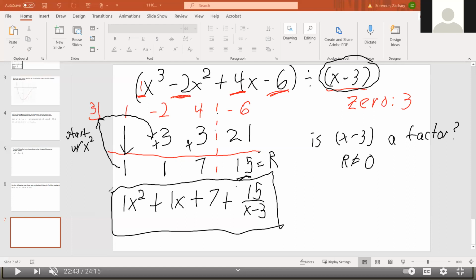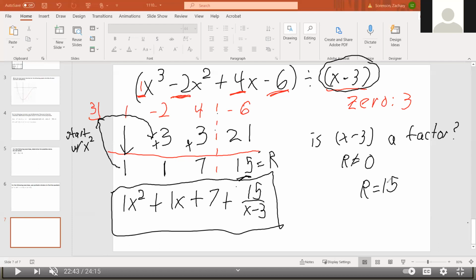Wait, so why do we put the x minus 3 underneath the 15? Yeah, so my remainder is 15. What that tells me is that when I go through and divide this thing, when I divide my x minus 3, I have this leftover 15. It doesn't fit in nicely. And so essentially what I'm doing when I'm saying 15 over x minus 3 is I'm giving up.